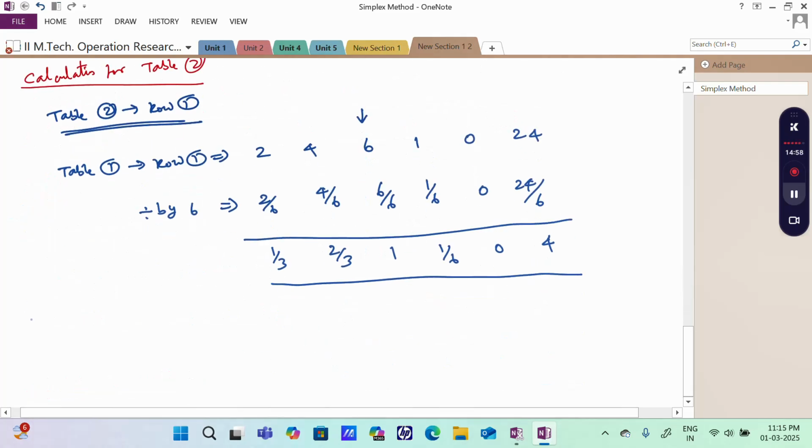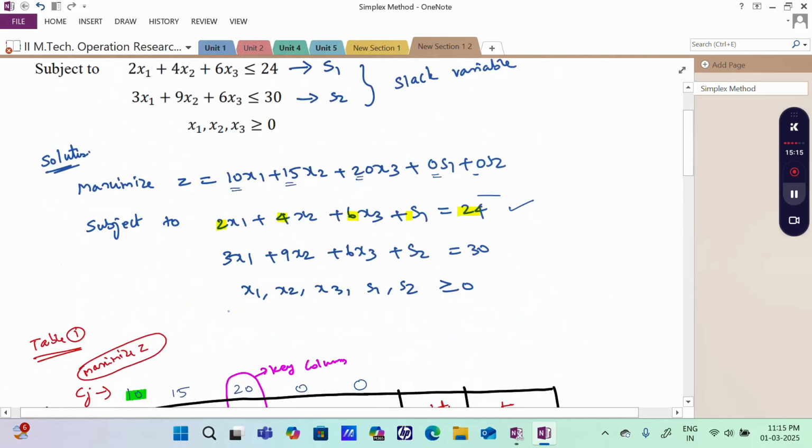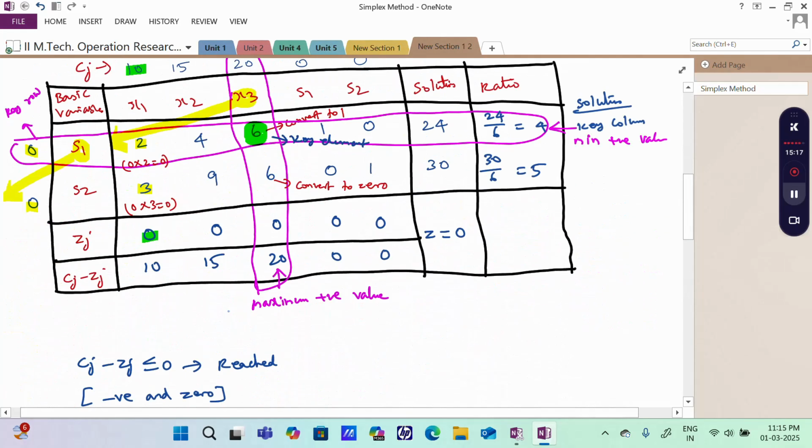Now the calculation of table 2 row 2. How to calculate this? First, table 1, row 2, I am going to write. So the second row I am going to take: 3, 9, 6, 0, 1, 30.